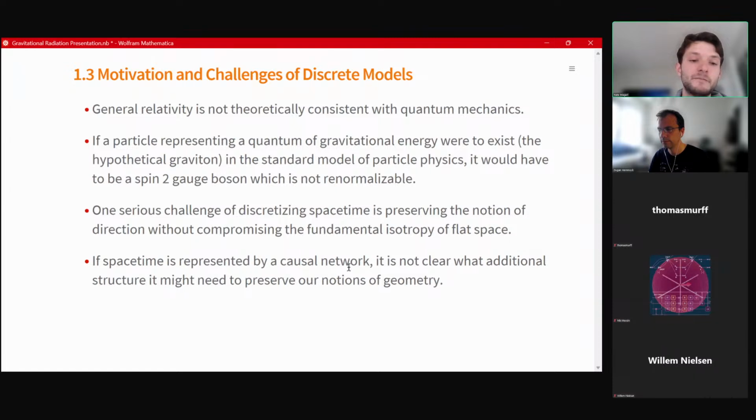So it's possible that the network might need some additional structure to preserve geometric notions. So those are the two main challenges.